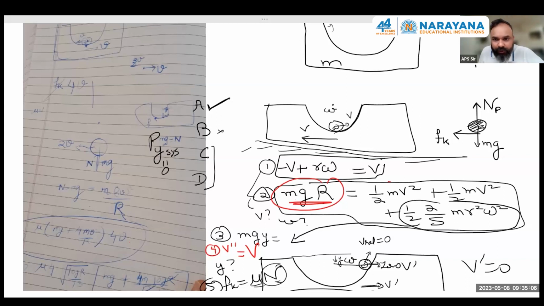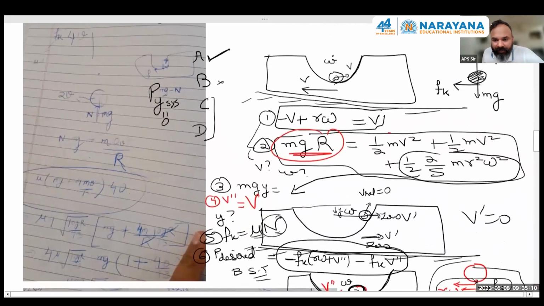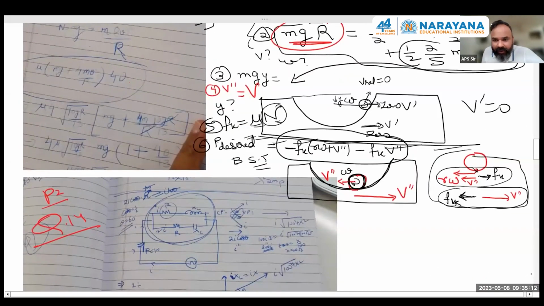But from that frame, the velocity of this guy becomes V double prime plus V double prime, so his velocity becomes 2V double prime. So center of mass will have a velocity of 2V double prime, and it is moving on a circle of radius nearly equal to capital R.